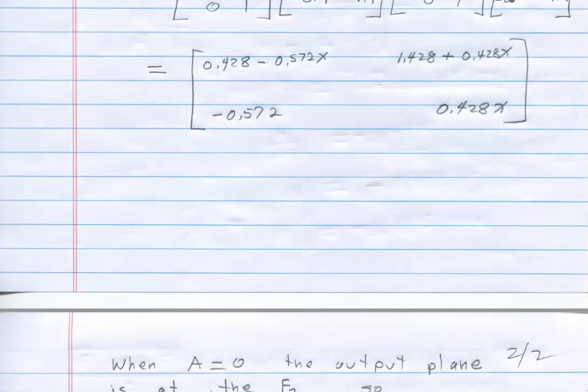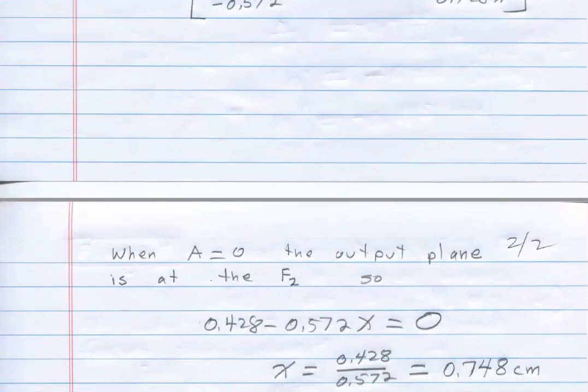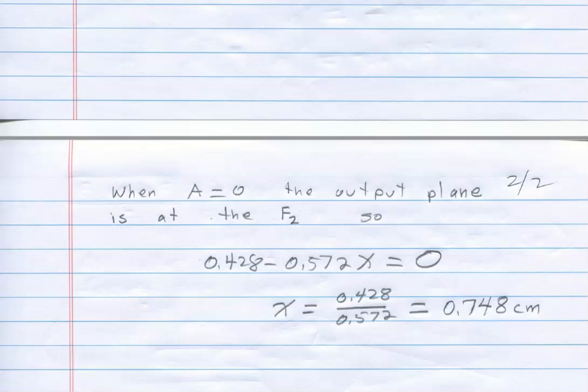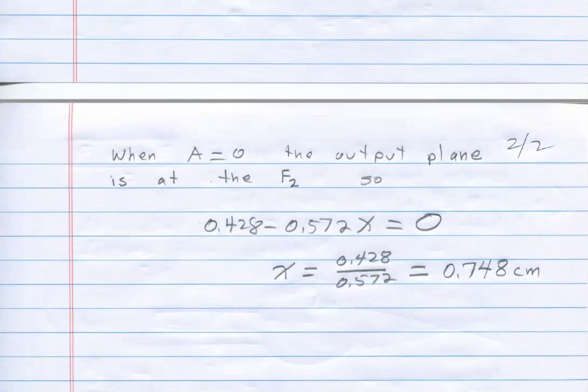There's my matrix element A. So I have to set that equal to 0 to locate it. And when I did this I got 0.748 centimeters, or about 3/4 of a centimeter, as my distance x behind the spherical glass bead.